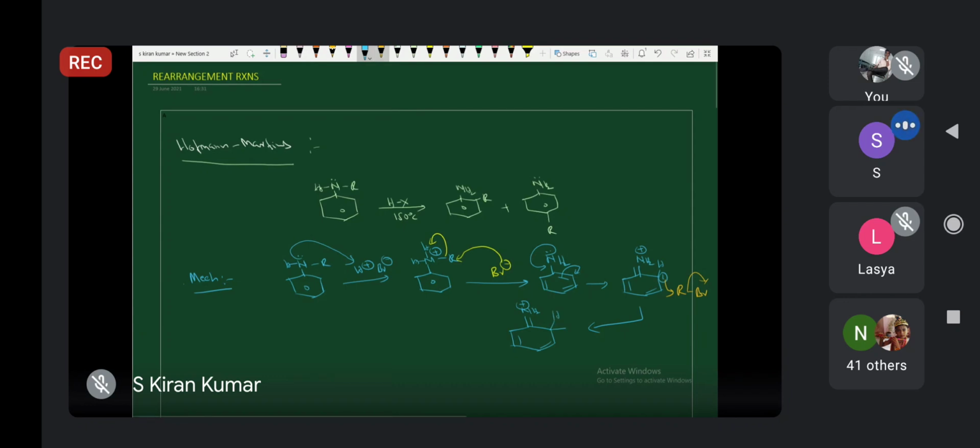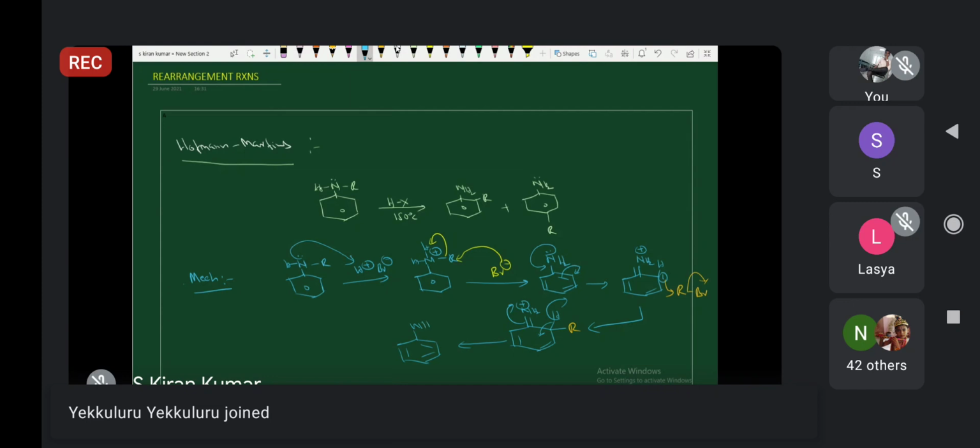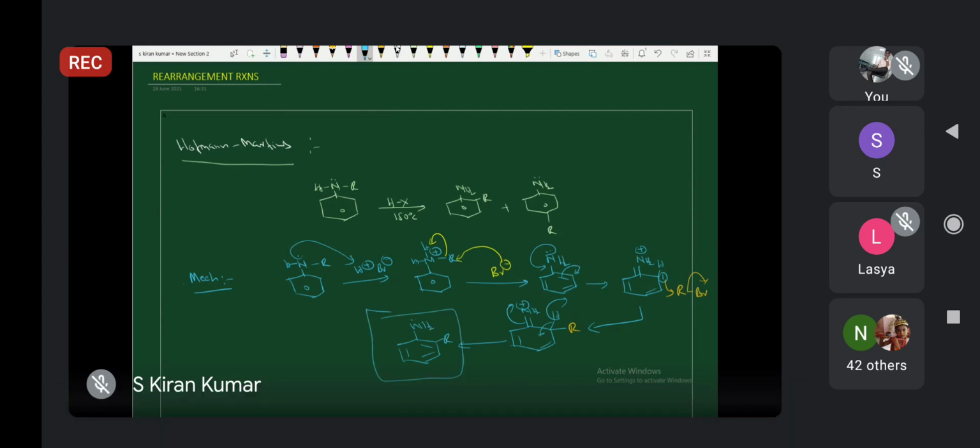The R group is bonded to the ortho position. The next step is elimination of a proton. Proton elimination takes place and the nitrogen is regenerated. Like this, we get ortho alkyl.